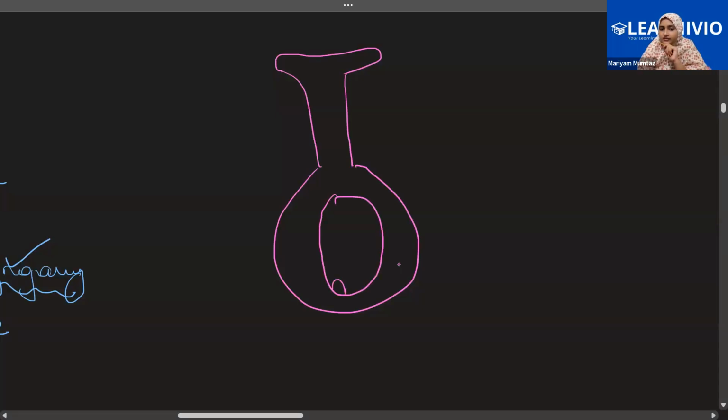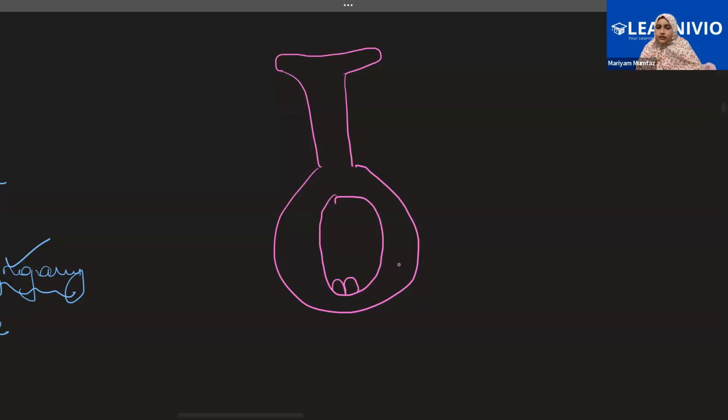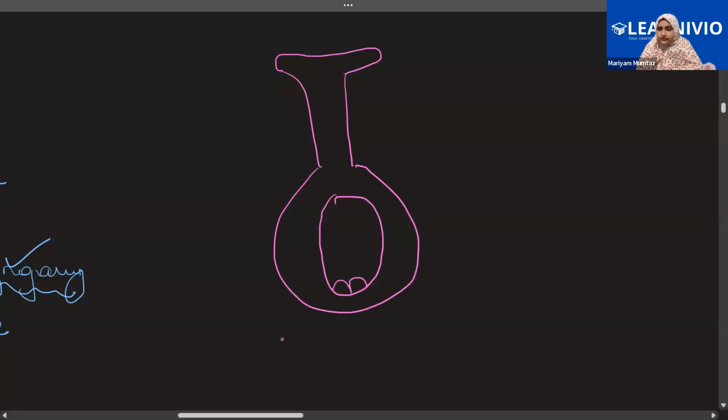Now here, what are these two cells called? The two at this side, they have filiform apparatus.